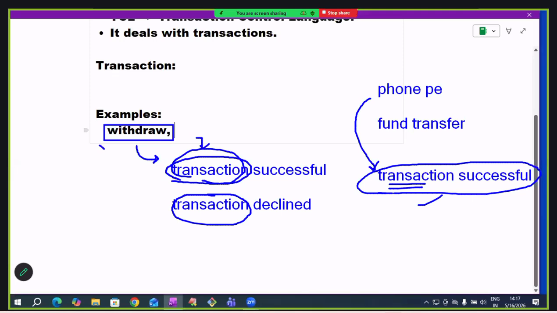Okay, what are the examples of transaction? Withdraw transaction, fund transfer transaction. Like this, every day, many transactions we do. In the Zomato, you are placing food order, transaction. In the Amazon, you are purchasing a product, transaction. You are creating Gmail account, transaction.